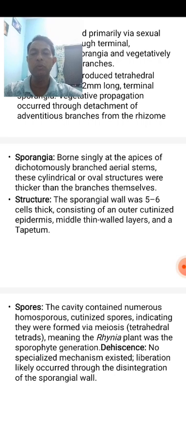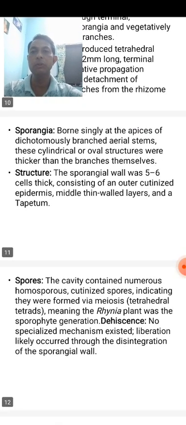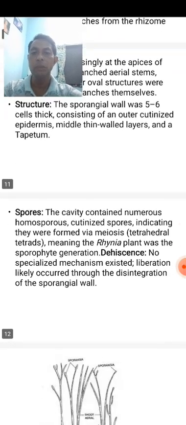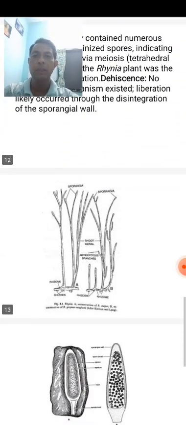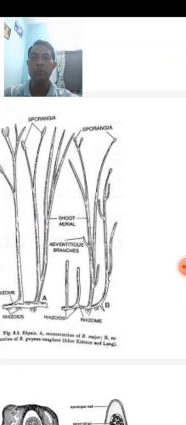This is very commonly found in pteridophytes, so no specific structure is present to help in dehiscence. The spores are produced inside the sporangia, which contain numerous cutinized homospores.